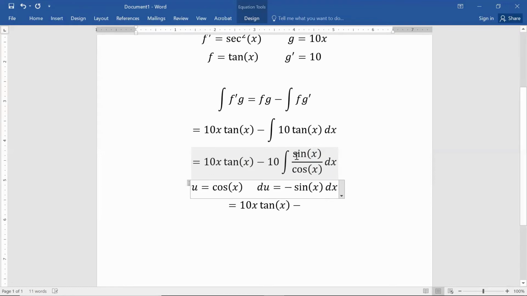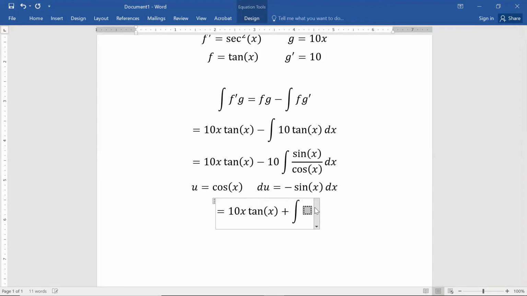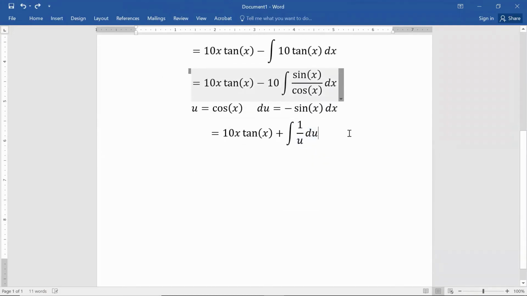So negative sine x, I can, if I wanted to, pull that negative on the inside, make that plus integrate 1 du over u. You get natural log of u.